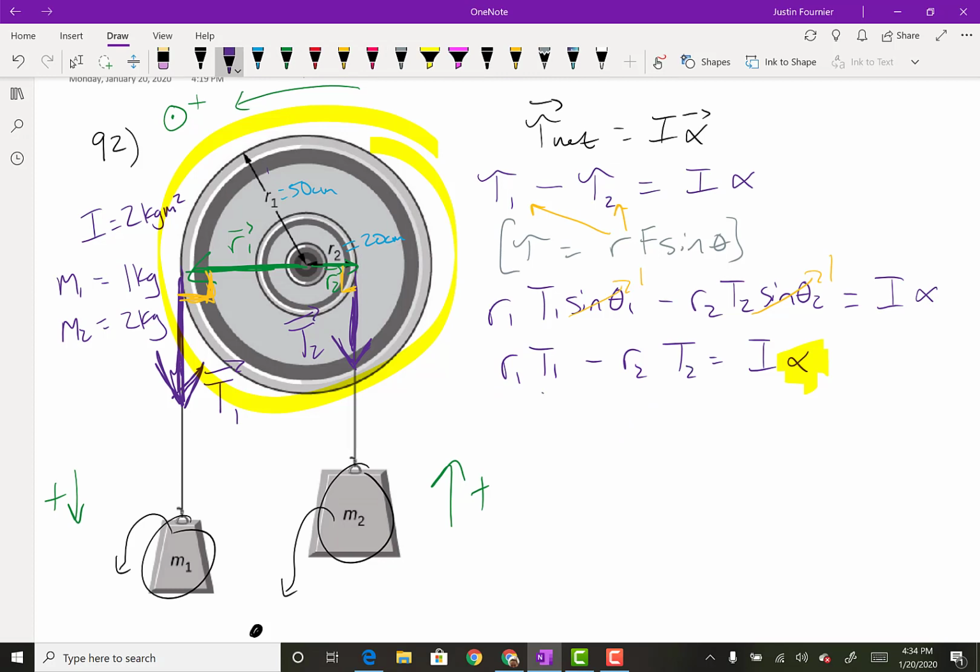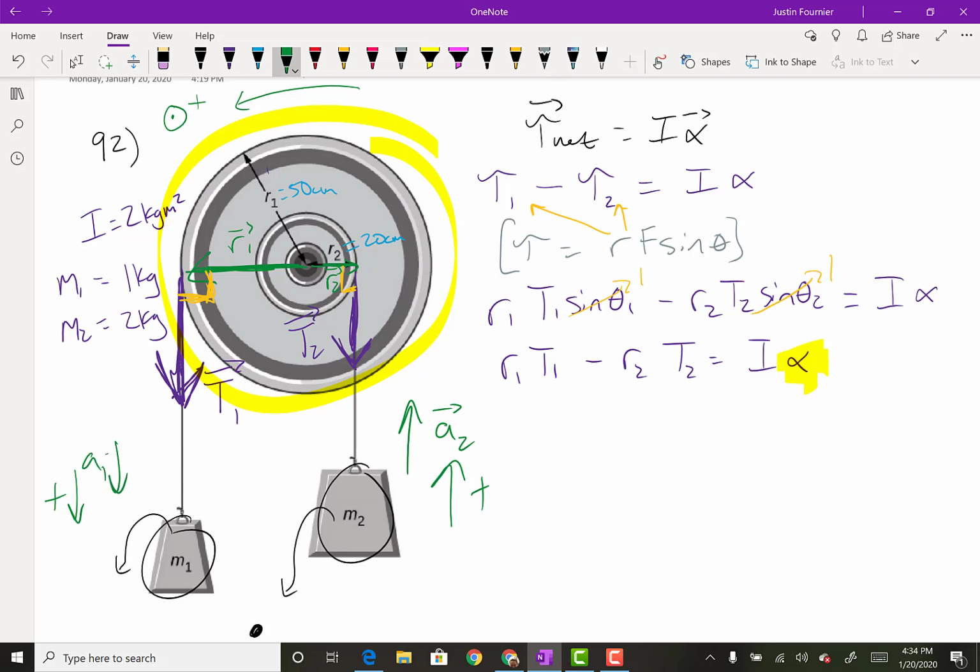You might be tempted to say, oh, it's going to be the weight of those masses, but that's not true. That would only be true if the masses were at rest. But both of these masses are accelerating. M2, I think, is going to be accelerating upward, and then M1 is accelerating downward.